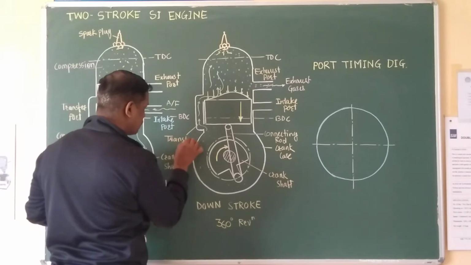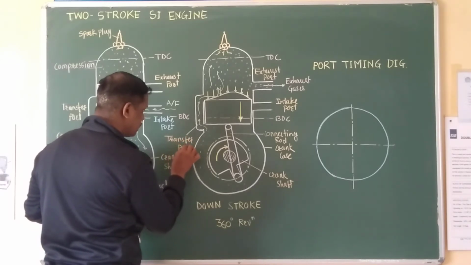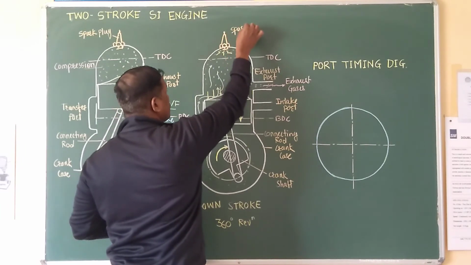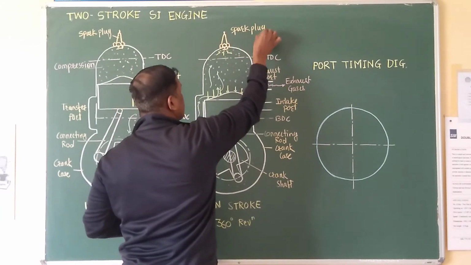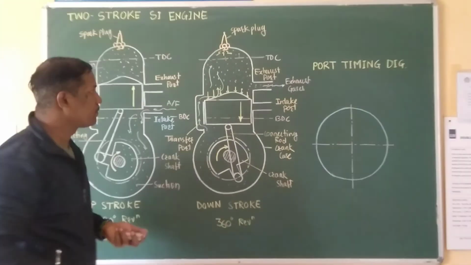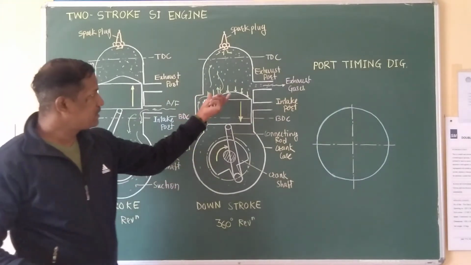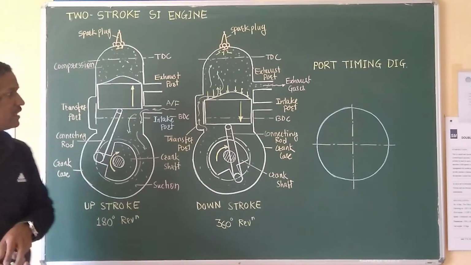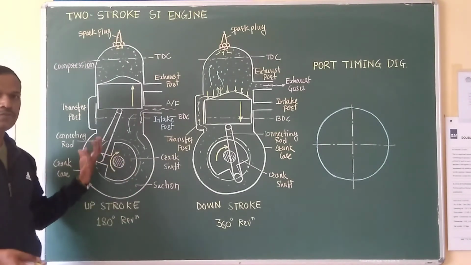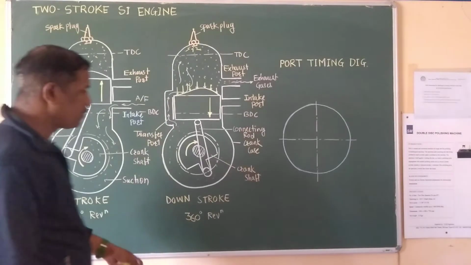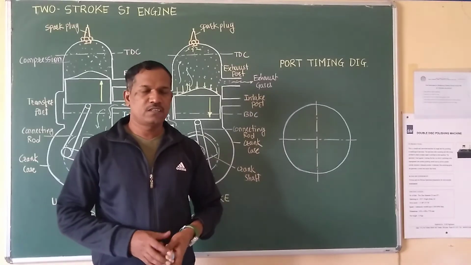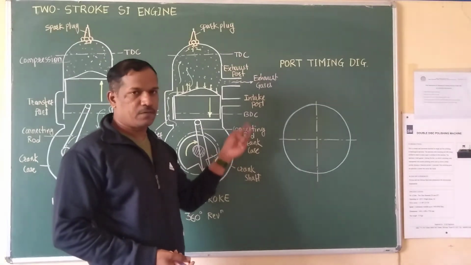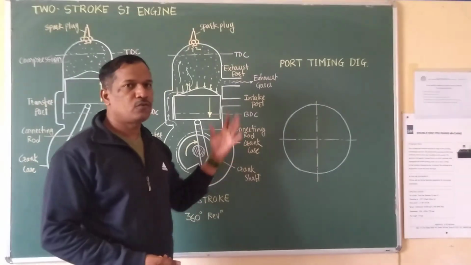So this is our crankcase. Crankshaft. This is connecting rod. This is intake port.